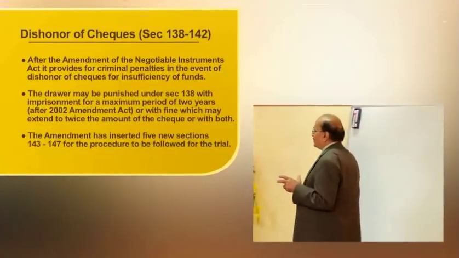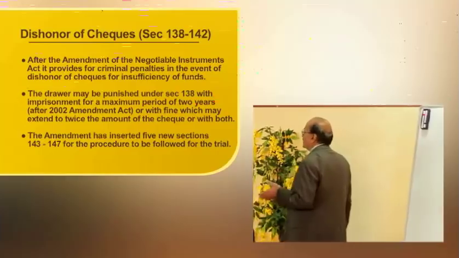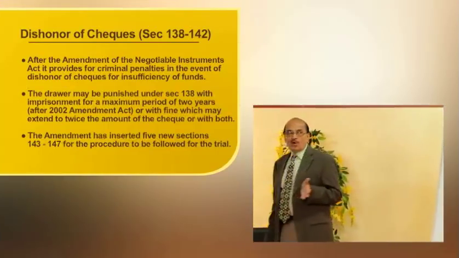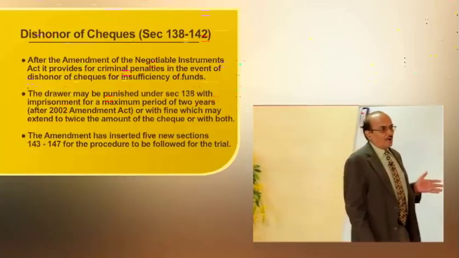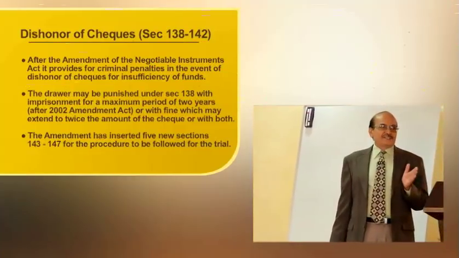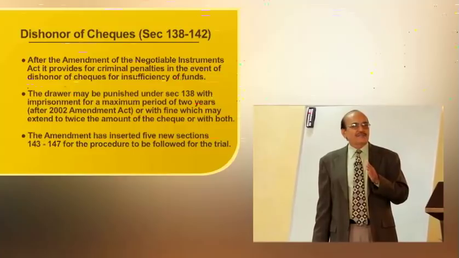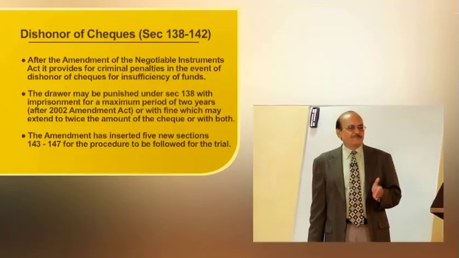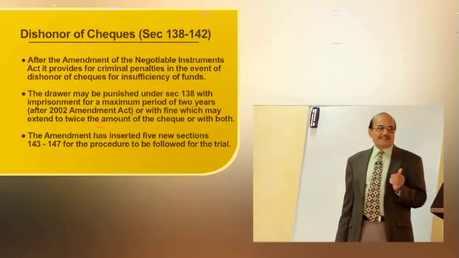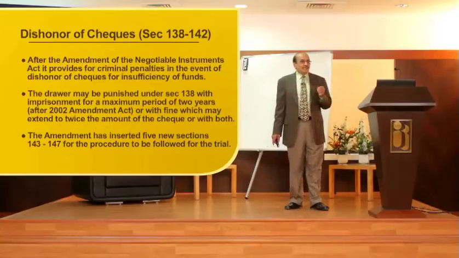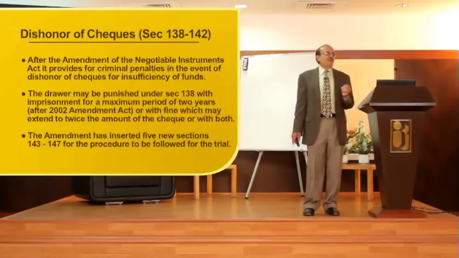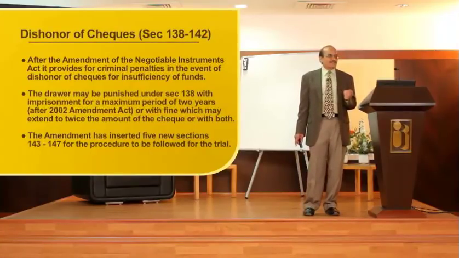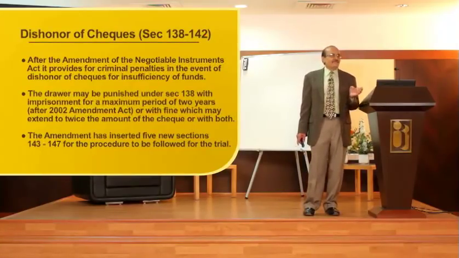Dishonor of check is covered in sections 138 to 142 of the Negotiable Instruments Act, which provide for criminal penalties in the event of dishonor of checks for insufficiency of funds. The drawer of the check, if the check is dishonored, may be punished under section 138 with imprisonment for a maximum period of 2 years, and this has been done after the amendment which was passed in the year 2002.